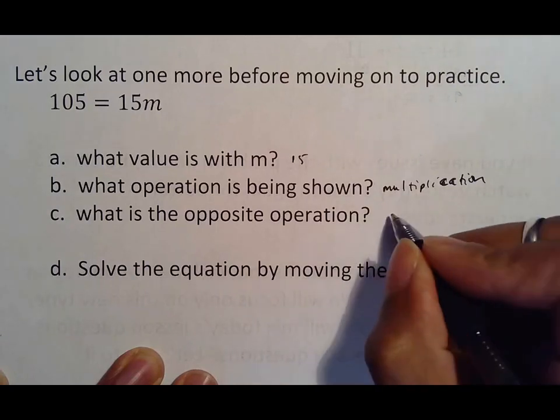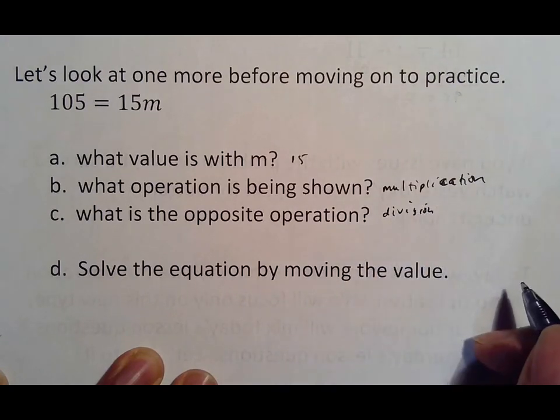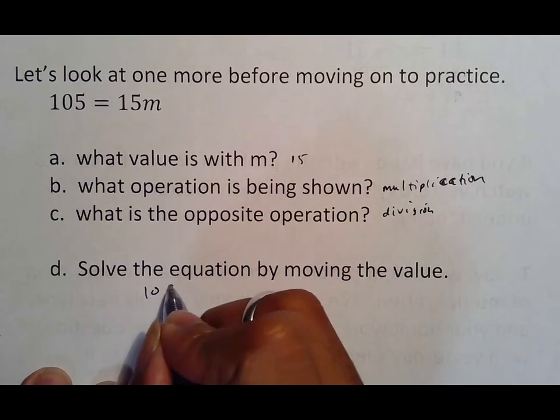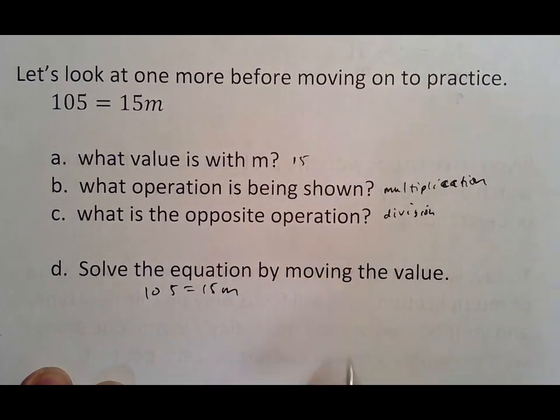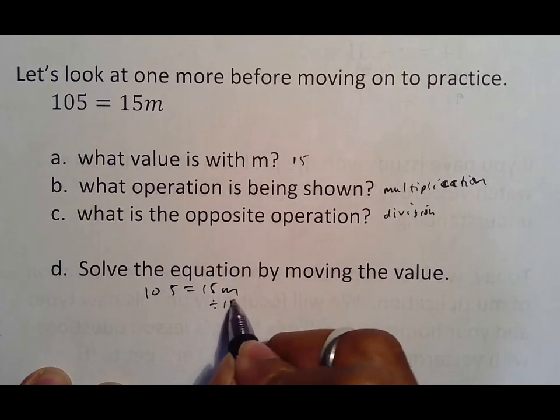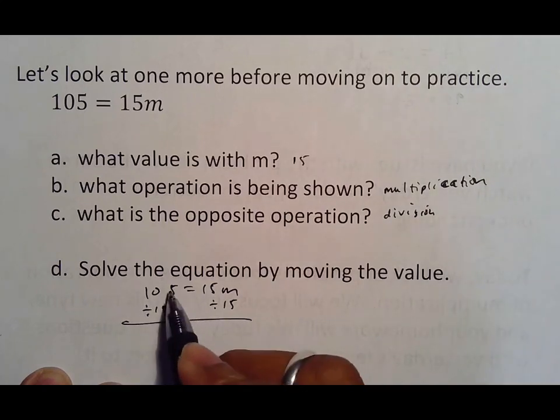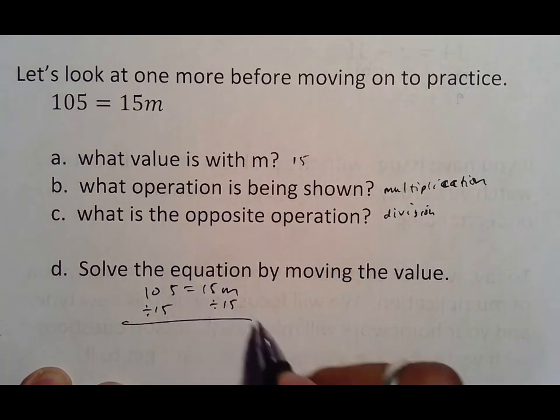The opposite of multiplication is division, which means that if we want to solve this, again, that's the original problem, we need to move this number that's attached by dividing by the number that is attached. Again, who cares about the other number? We are moving the number that is attached.